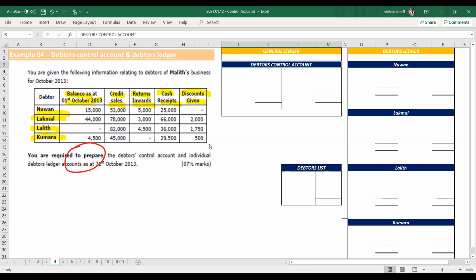Right, so we have 15,000 plus 44,000 plus 4,500, 63,500. Credit sales 53 plus 78 plus 82 plus 45, 258,000.